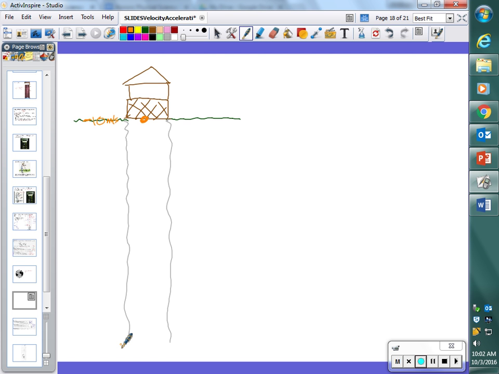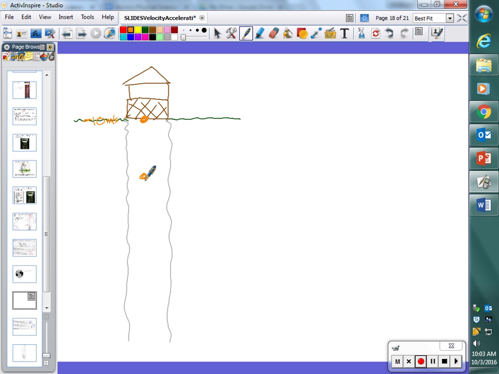Does it matter that it was already moving at 10 meters per second when gravity started pulling on it? No. It always changes by 10 regardless of what it's doing. On the way up, it slows down by 10. On the way down, it speeds up by 10.